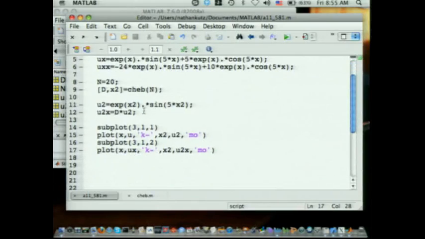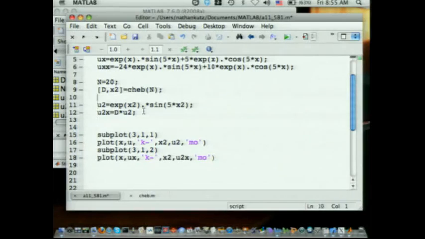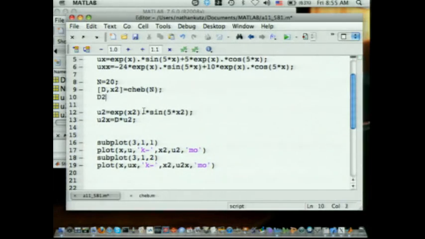Now let's do 2 derivatives. That's pretty easy to do. If you want the second derivative matrix, let's call it D2, it's just D times D, or D squared. Then we can get U2xx as D2 times U2, and then we can plot that.